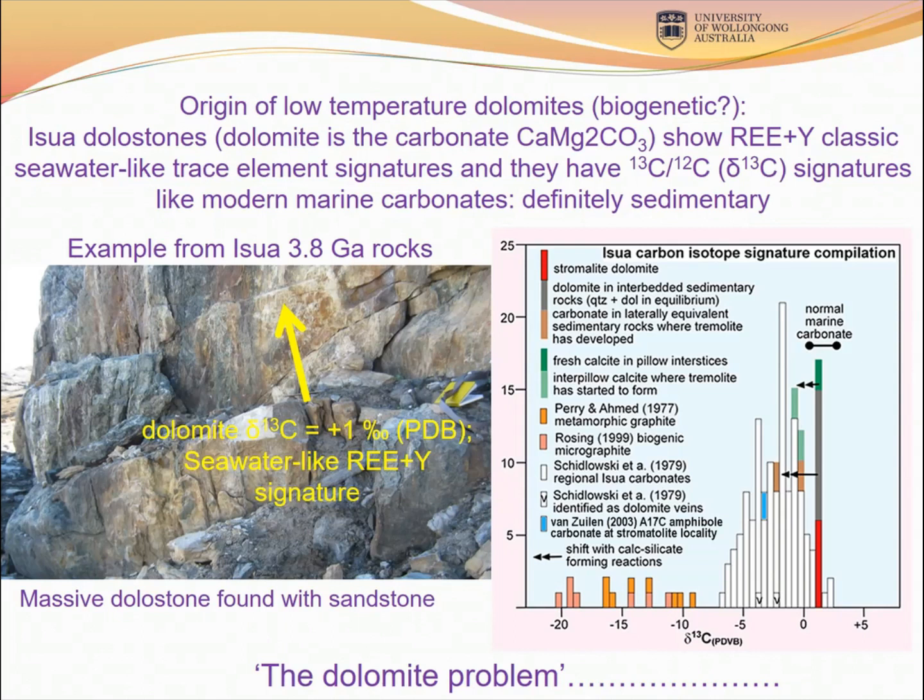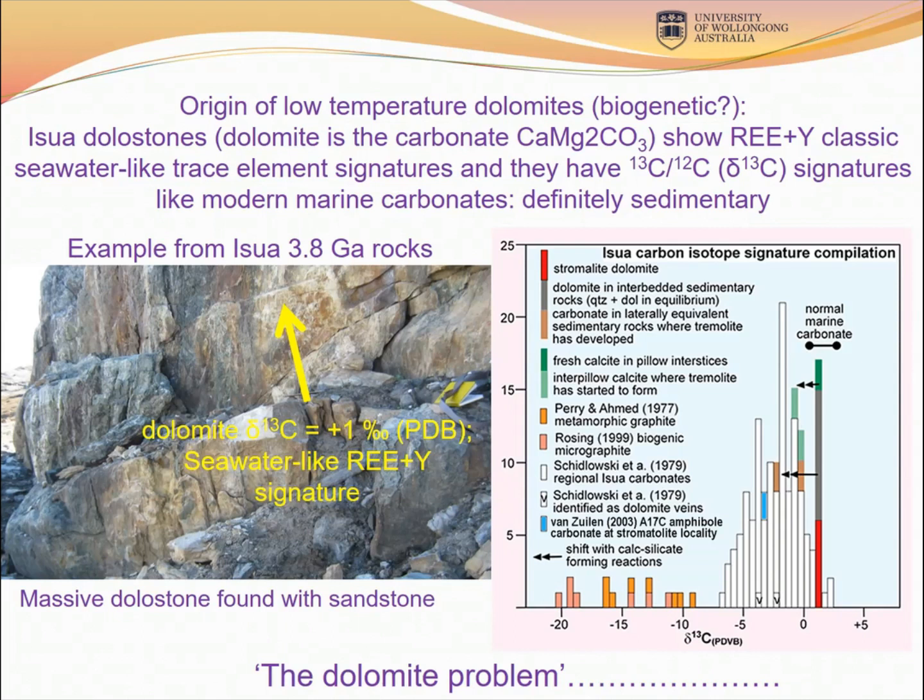Another interesting thing is that when you actually look at their carbon isotope signatures, they've got the same signature as modern marine carbonates. So there's no question that these dolomitic sedimentary rocks, which even include things with the stromatolite structures, are definitely sedimentary.